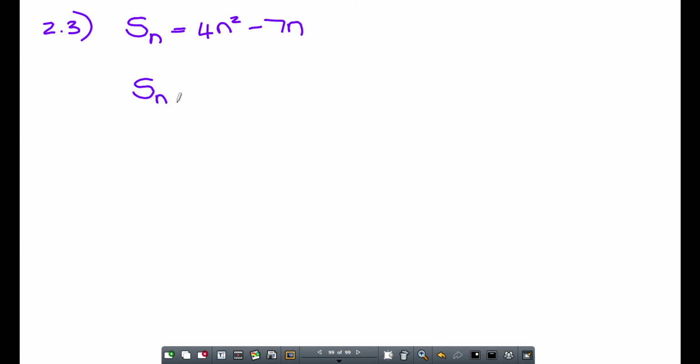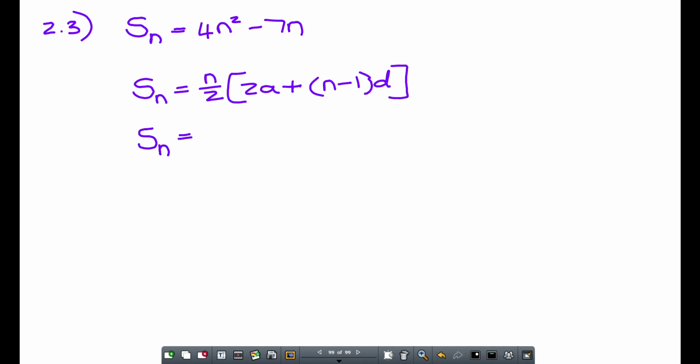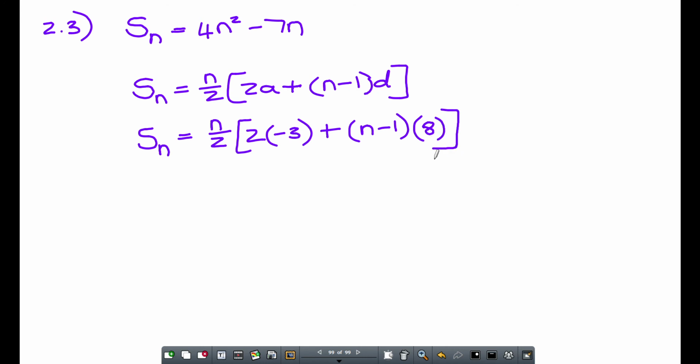Die som van n is mos eintlik n op 2, en dan 2a plus n minus 1 d. Okay, so that's where we're going to start. Now we're going to go and substitute in all those values. So, n, weet ons nie, hy gaan nog net so bly. 2 times, and a was minus 3, n bly net so, en d het ons mos gesê is 8. Nee, okay, so daar's jou eerste punt al klaar, just because you substituted in.